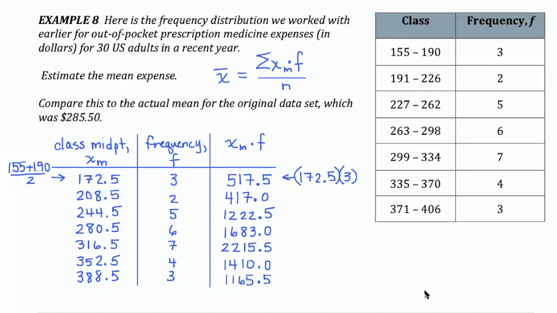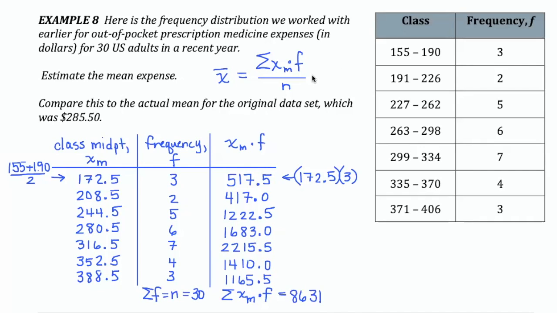Now that that is complete, the last thing I need is the sum of the frequencies, because that is the n, the number of pieces of data, and I verify that it does equal 30. And I also need the sum of the midpoints times the frequencies, which is found by adding up this last column, and that becomes 8631.